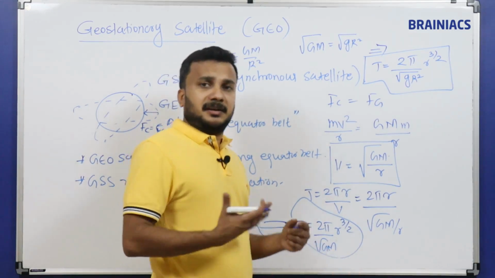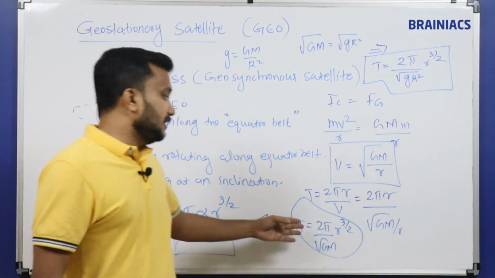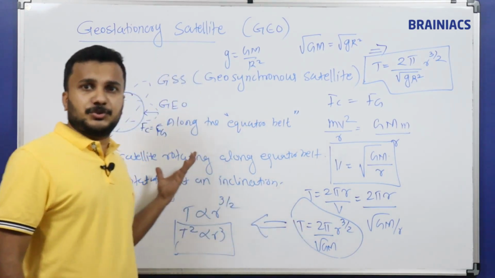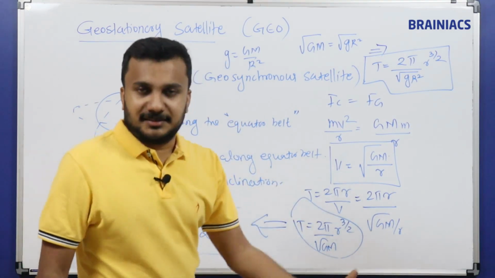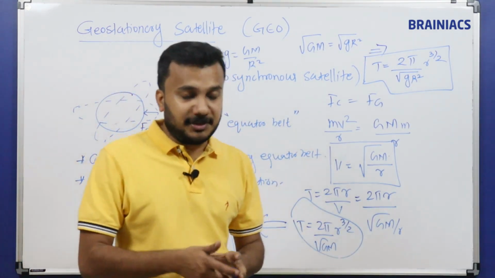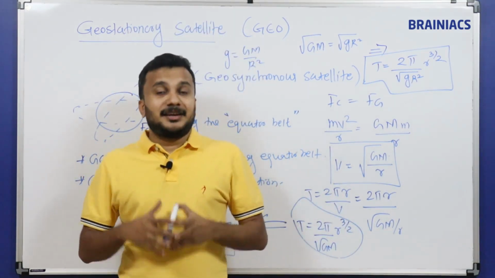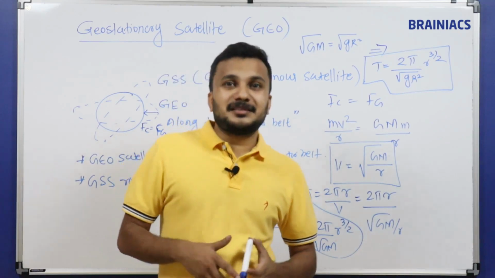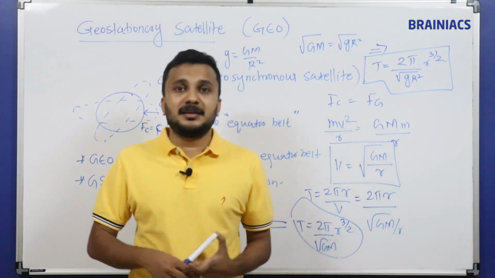The time period of satellites we already saw in the last session, and the same equations will hold for a geostationary satellite, because a geostationary satellite is also a satellite. In the previous session we learned about satellites generically. Geostationary means there is nothing special, only the position is very far away from the earth.